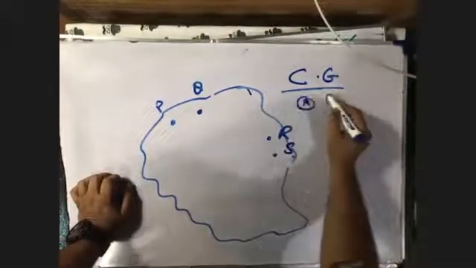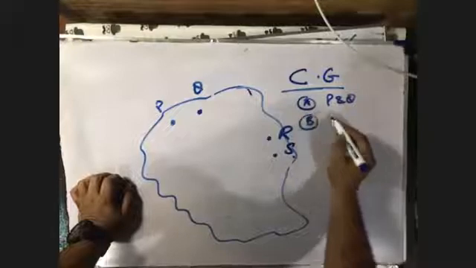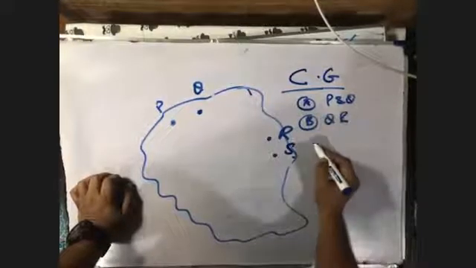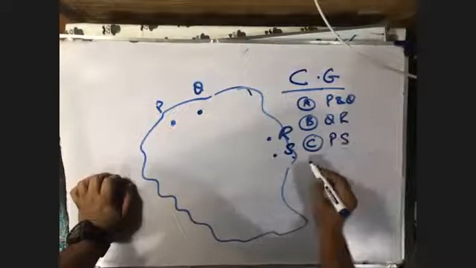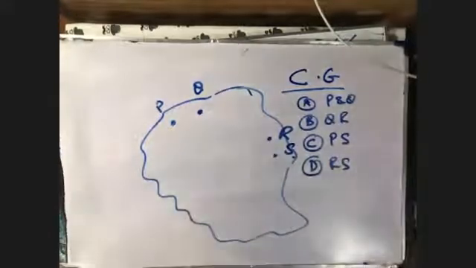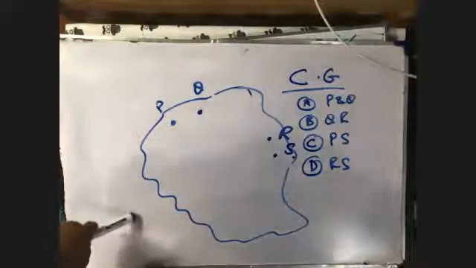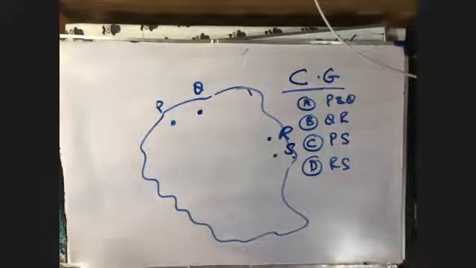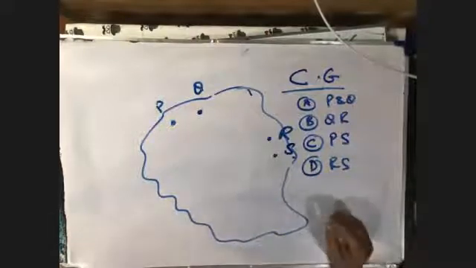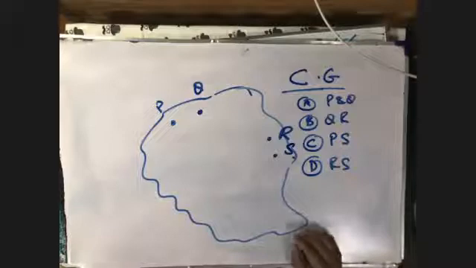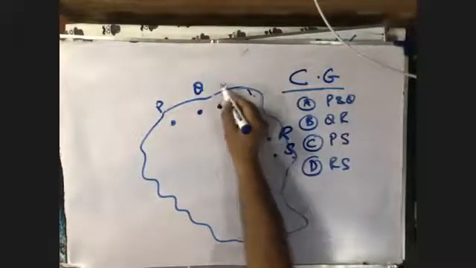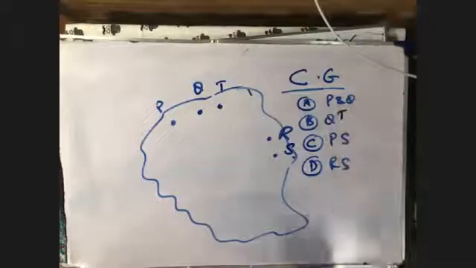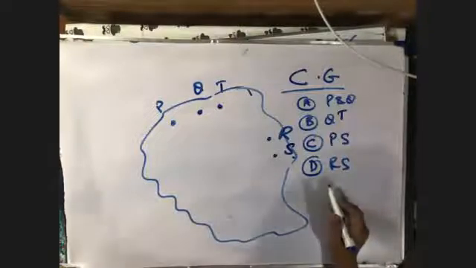Option A, P and Q. Option B, Q and R. Option C, P and S. Option D, R and S. Sorry, Q and T. This is a very important question.